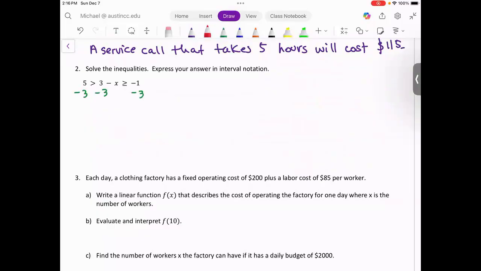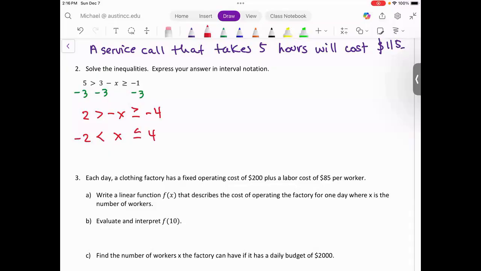And we get 2 is greater than negative x, which is greater than or equal to -4. Now, if we divide each part by -1, we're going to have a -2, an x, and a 4. But remember, when we divide by a negative number, our signs flip. So now we're going to have -2 is less than x, which is less than or equal to 4.